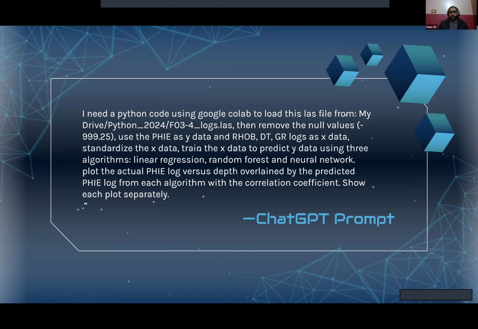Okay, so this is the prompt I'll put in ChatGPT. And right away, ChatGPT will create a full code that's functional. So once I put the code on my notebook reader, the Google Colab, and run it, it will do the job.